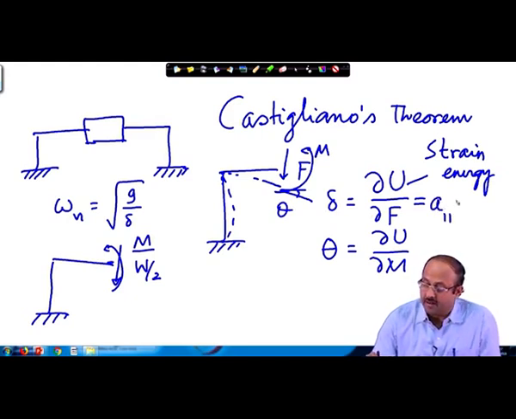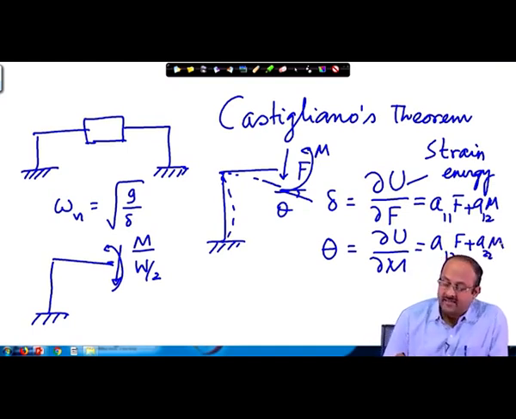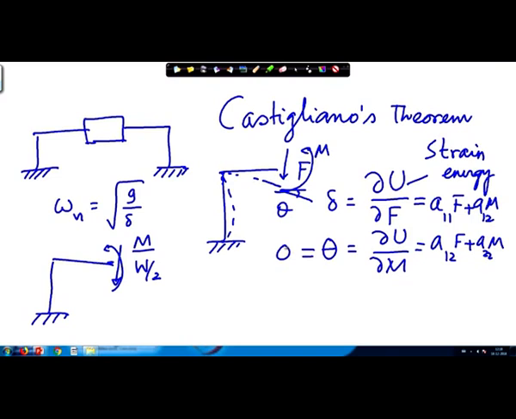So, a11 F plus a12 m, and similarly this theta will also be a linear function: a12 F plus a22 m. Now, as I said, because this theta is equal to 0, it gives a relationship between F and m. Now, with this relationship we can find out delta.